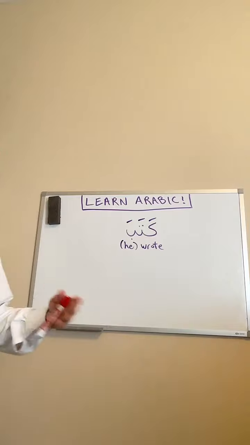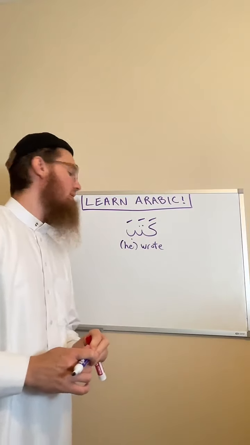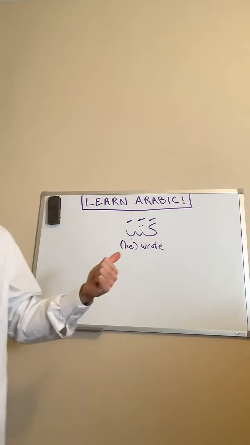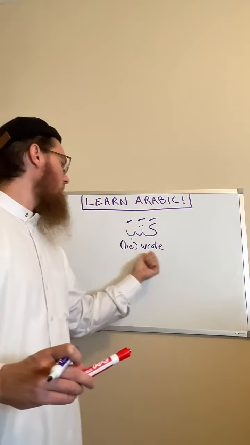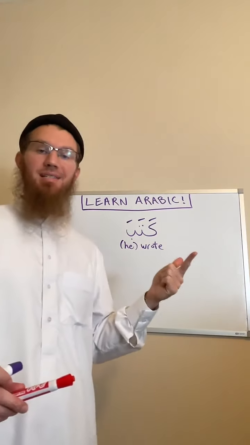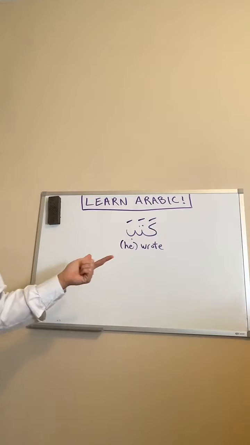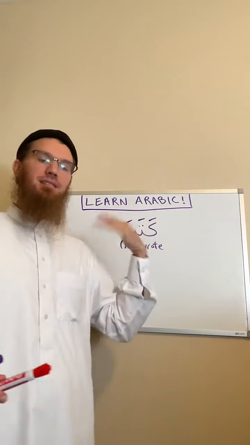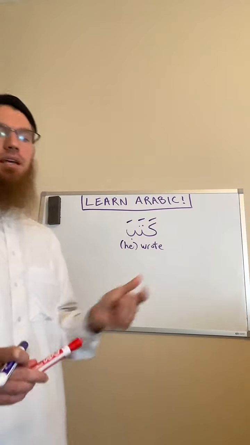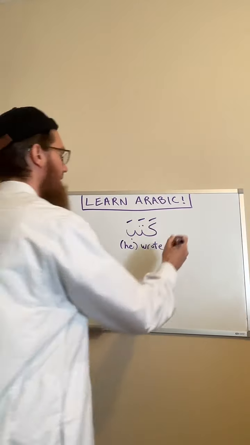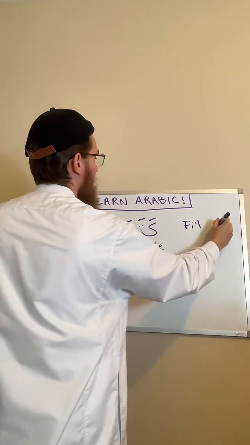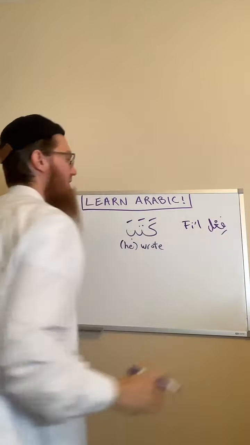Which category? Remember, we want to check. Does it have a complete meaning? Yes, he wrote. It has a complete meaning. Does it have a relation to time? Does it have a past, present, or future tense? He wrote. Yes, it's something that happened in the past. So it has both a complete meaning and a relation to time. Therefore, it's a fi'l.